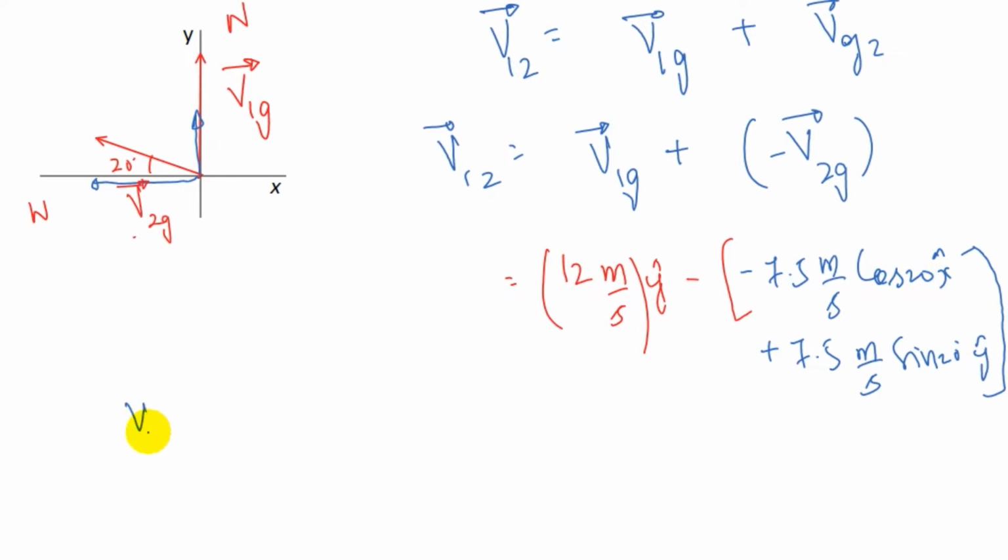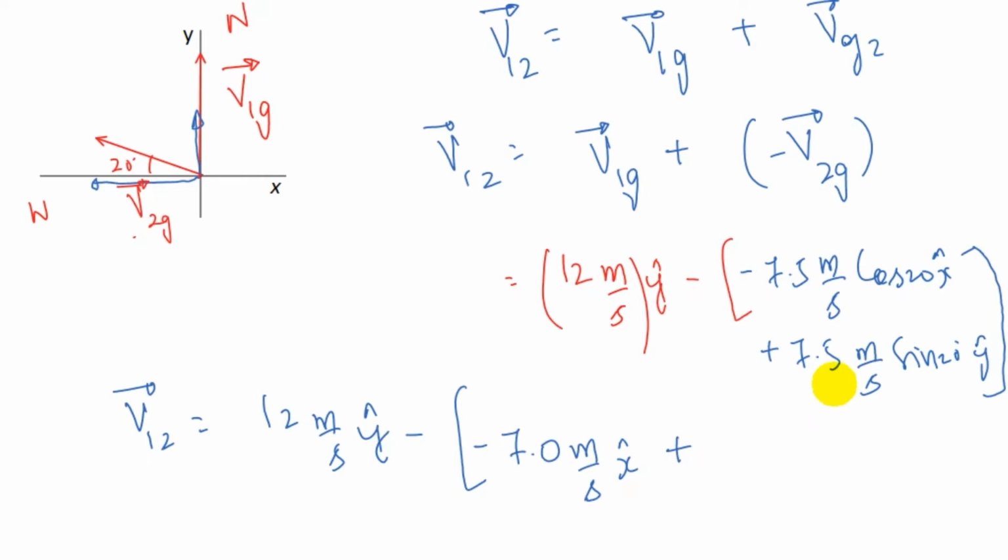So this is V12, this will be equal to, this is as it is, 12 meter per second y cap minus, so we can use a calculator to solve this, and we'll get this value to be minus 7.0 meter per second x cap, then plus this value comes out to be 2.56 meter per second y cap.